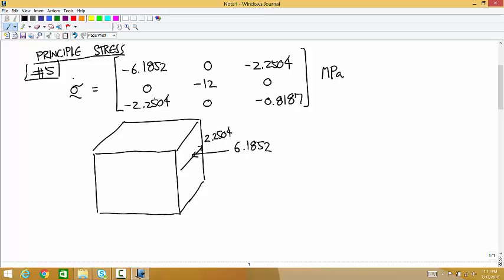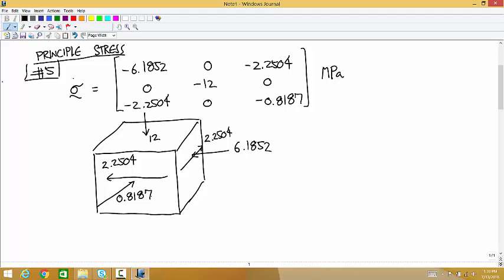In the Y direction, you have just this, 12 in compression. And for Z, you have 2.2504 pointing to the left, and compression again of 0.8187. Okay, so there's the stress element.